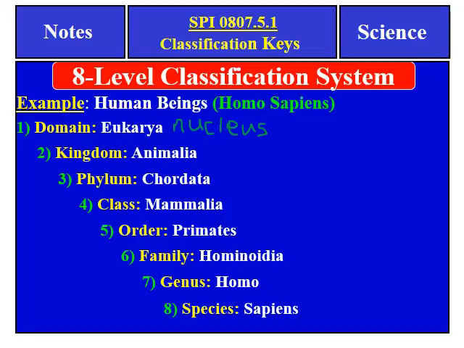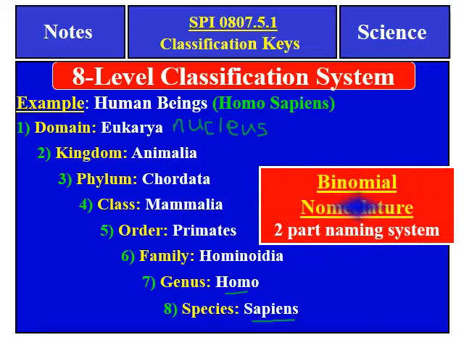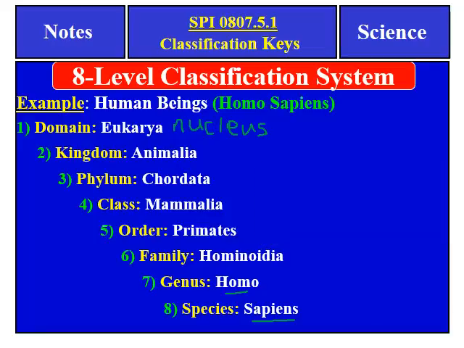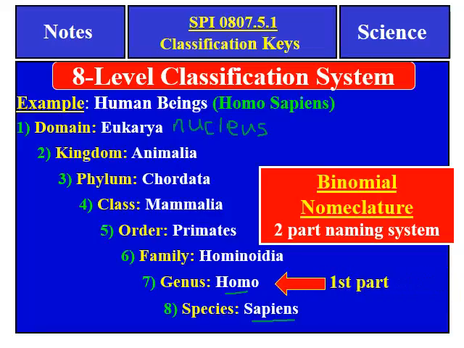So we are actually in a class with other types of animals. Then we go to our order, our primates. This is where we share kind of on the same level as apes as you would modernly see. Family is Hominidae, our genus is Homo, and our species is Sapiens. So again, our binomial nomenclature is our two-part naming system. The first part is the genus, the second part is our species.